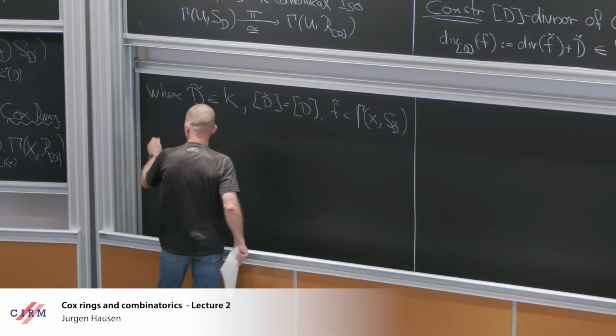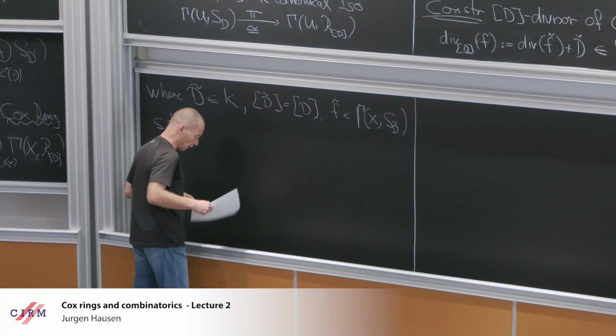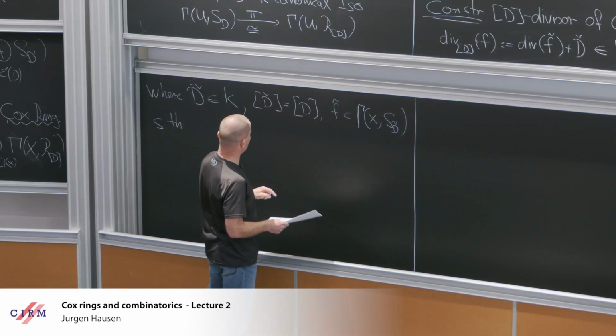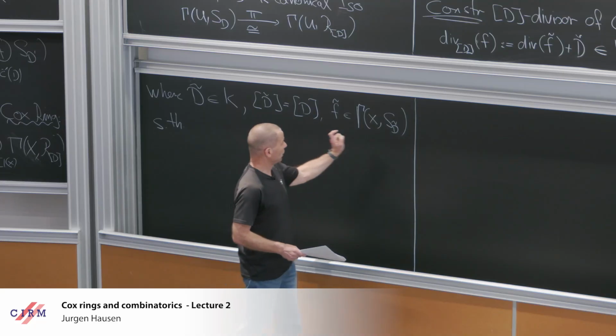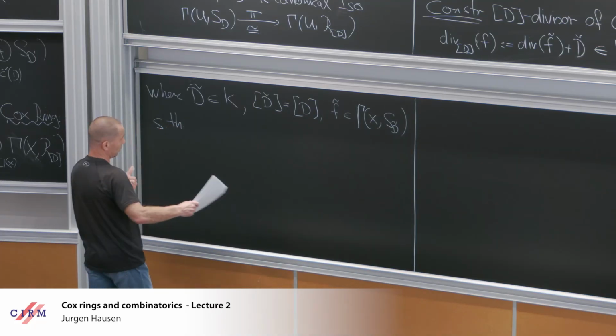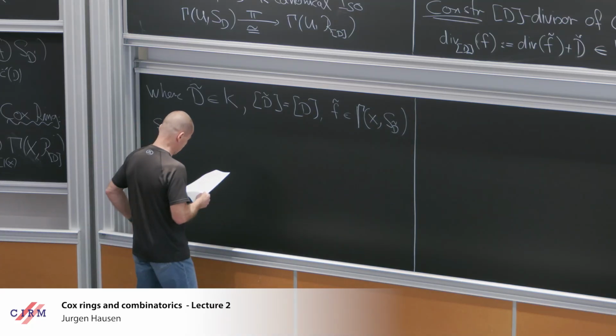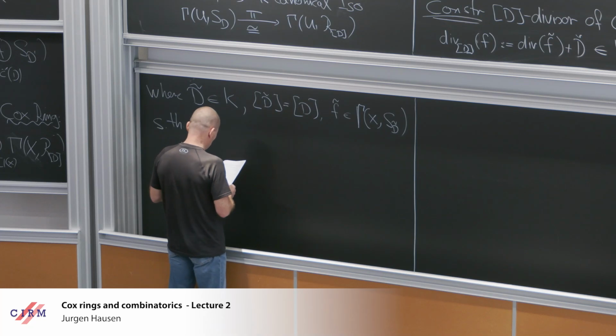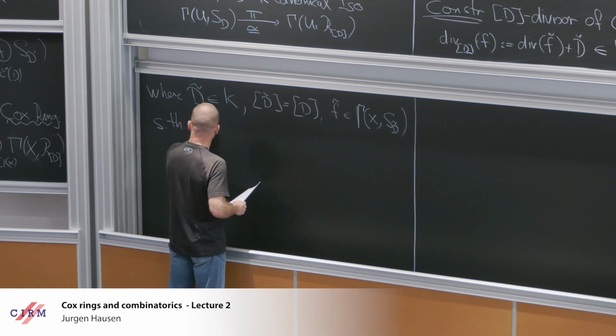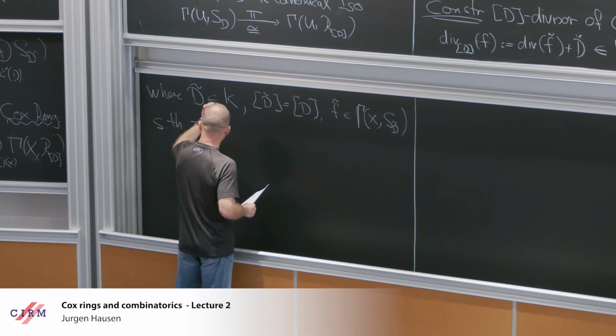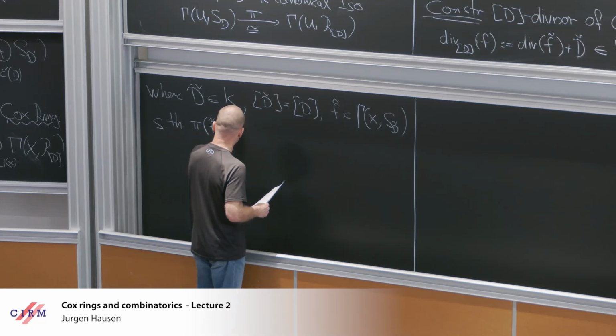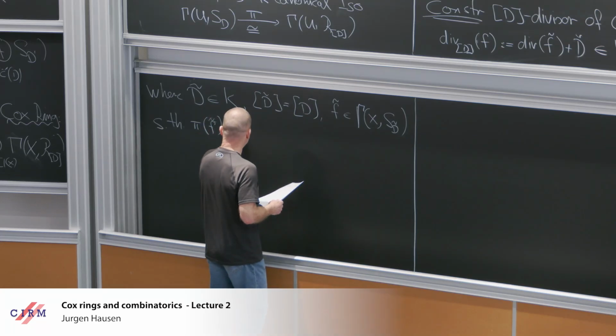And what we want is that this canonical isomorphism, which identifies this homogeneous component with the one in the Cox ring, means pi of f tilde should be equal to our f.